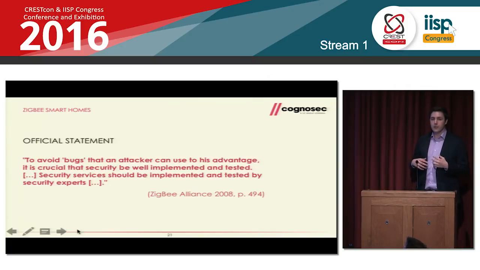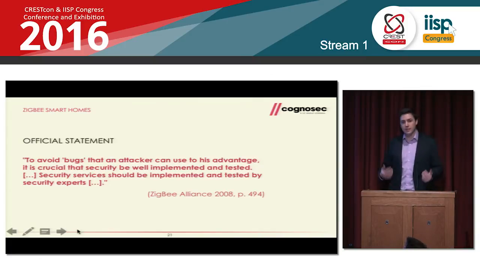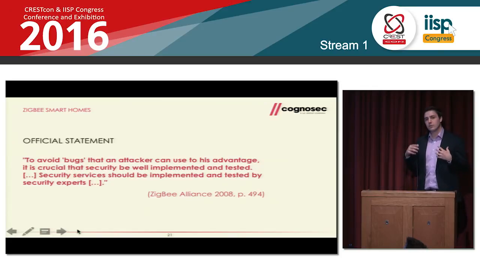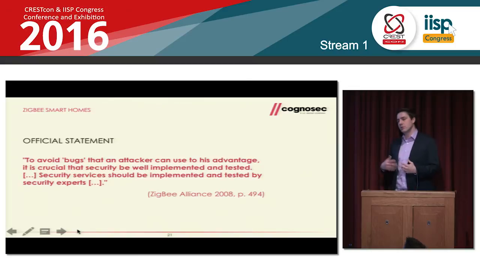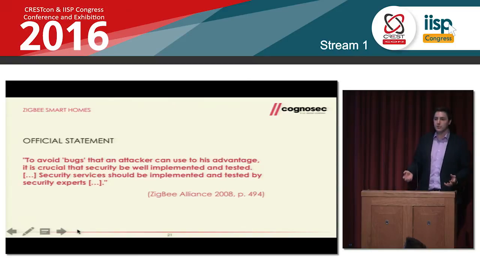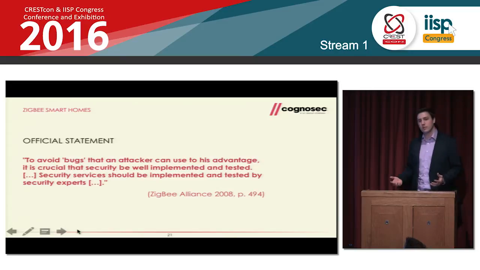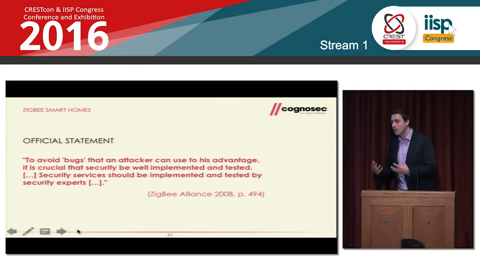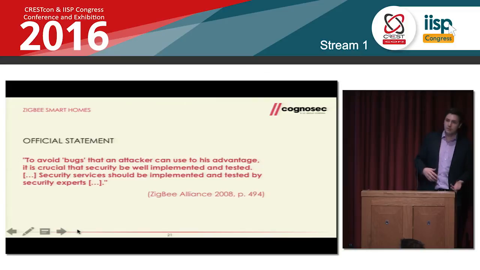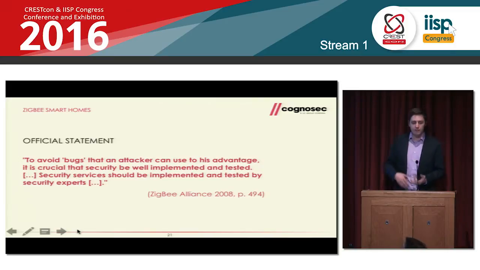They also have very good recommendations in the standard itself. In the specification, you can read that you should not only design your product securely, you should also get it tested, and not do the tests yourself. Get security experts to test it because they know how to do it, and don't let the developer test the device.